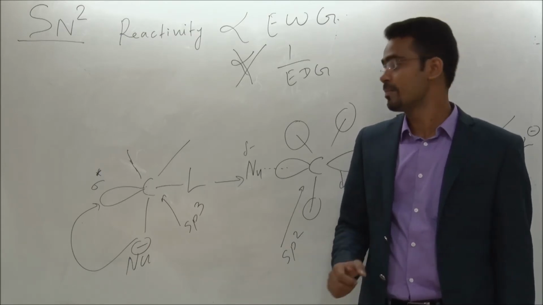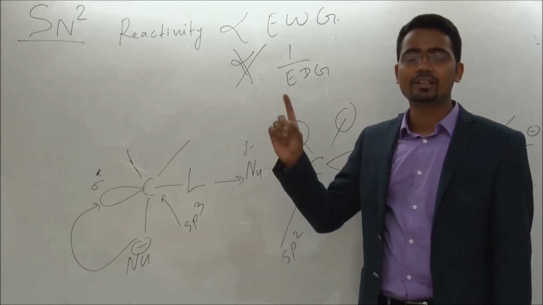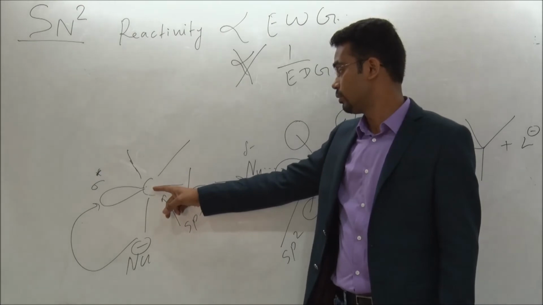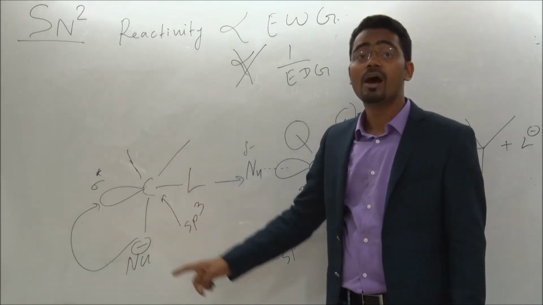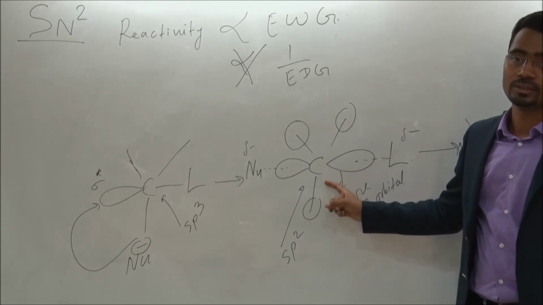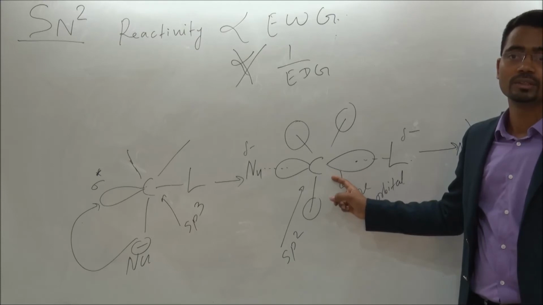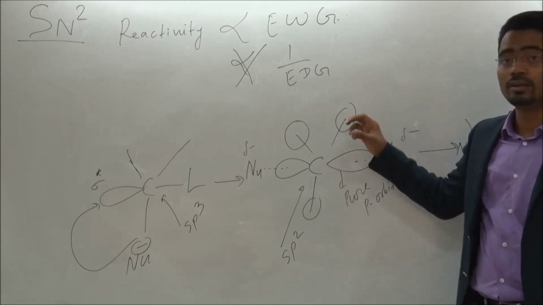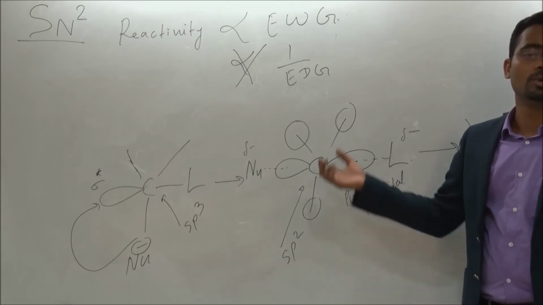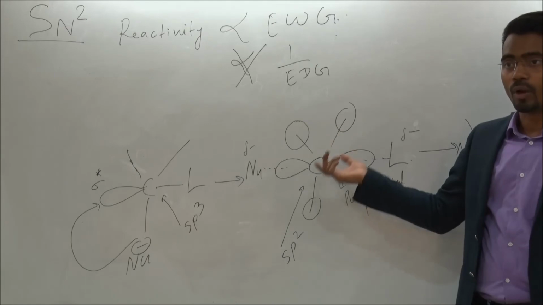The most important thing about this is that the electronic factor not only makes this carbon more electrophilic in the reactant, it also stabilizes the transition state. So I am going to give a table of how it depends on the group, that is, the electron withdrawing group or electron donating group.